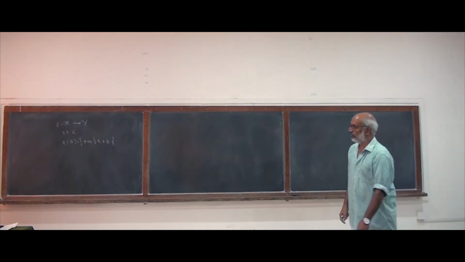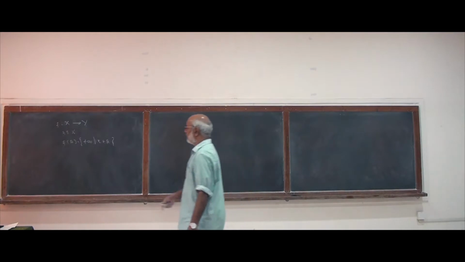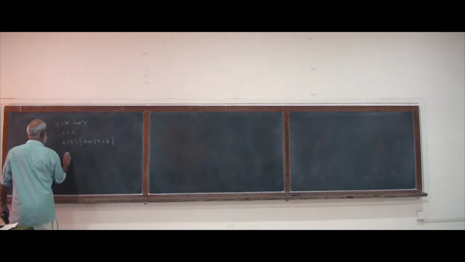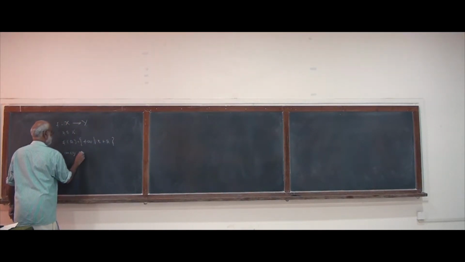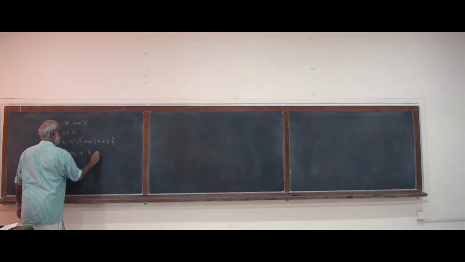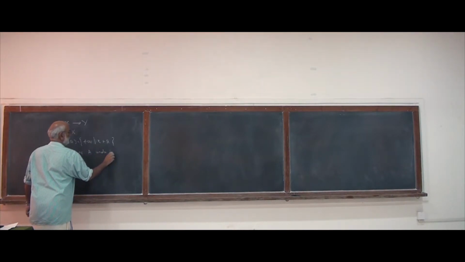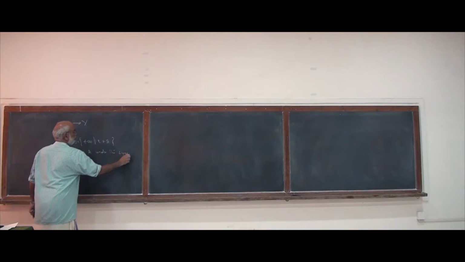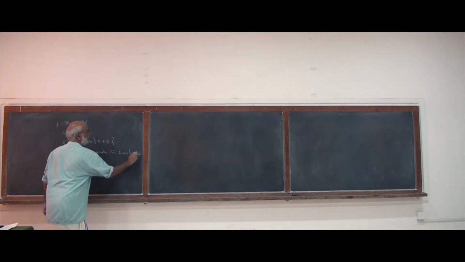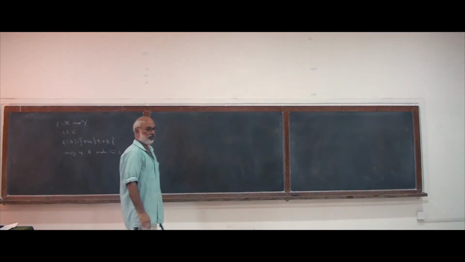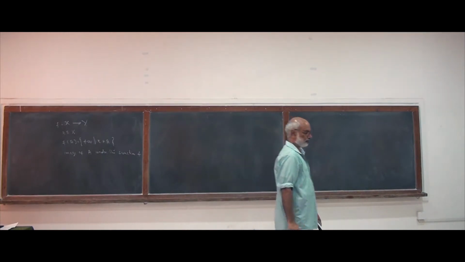That set is denoted by f of A, and this is called the image of A under the function f, or the f image of A.